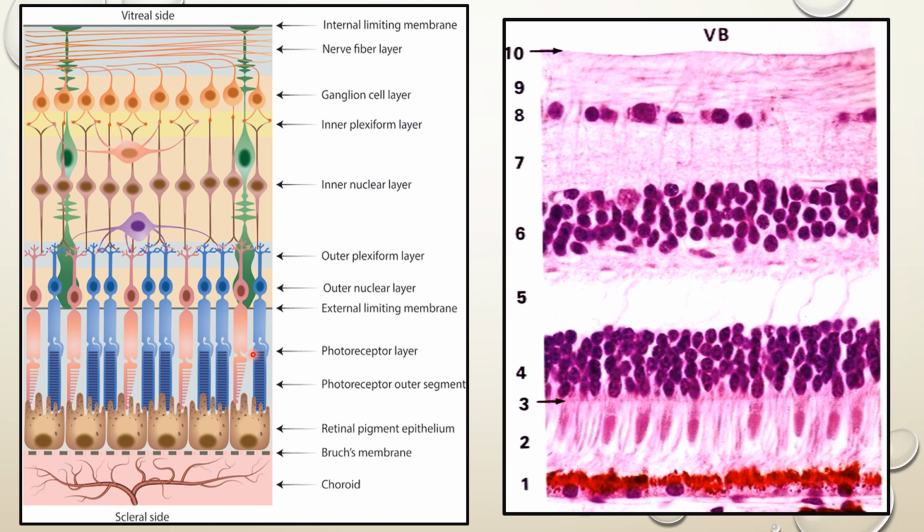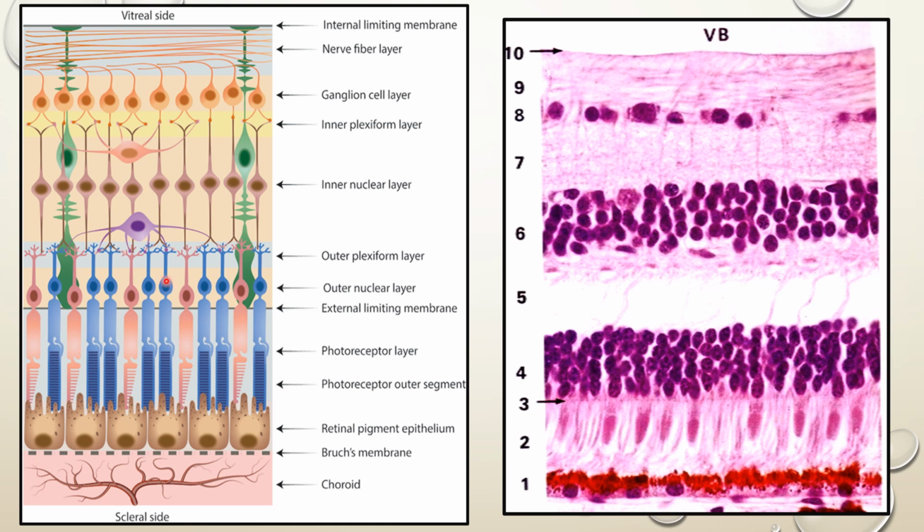Again, the cells of the retina include retinal pigmented epithelium and retinal nerve cells, which include the photoreceptor cells, rods and cones, bipolar cells, and ganglion cells; association neurons like the horizontal and amacrine cells; and neuroglial cells, Müller cells.